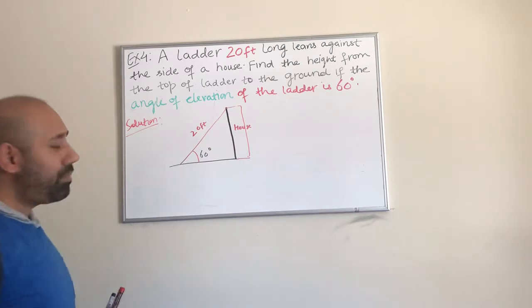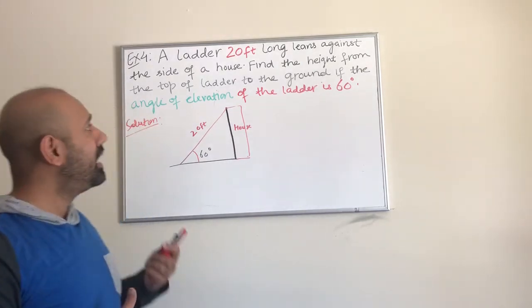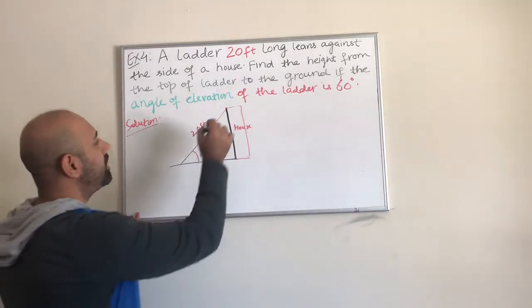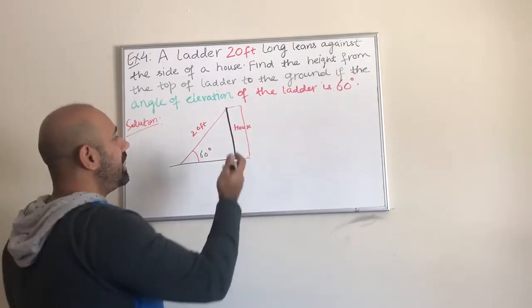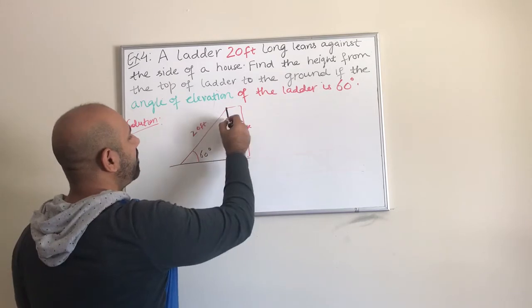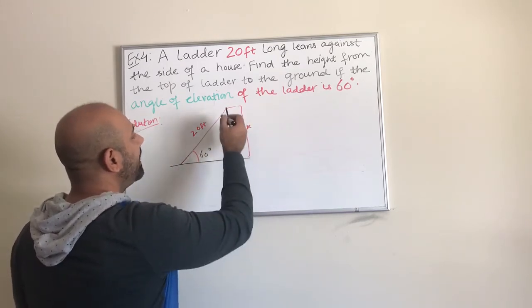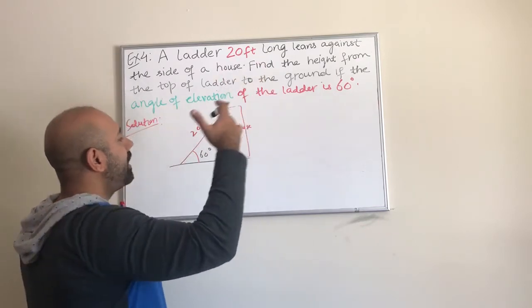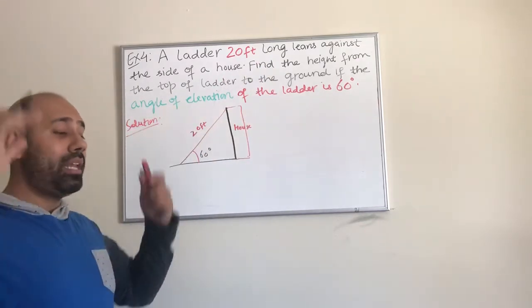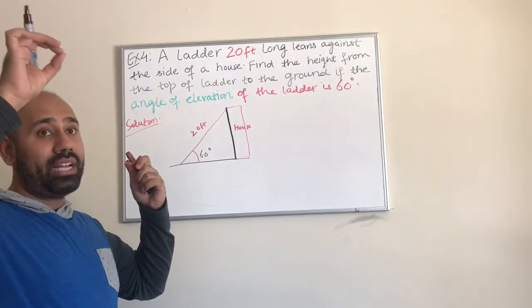Based on this setup, we have to find the height from the top of the ladder. Let us assume this is also the top of the house. If you feel like drawing the ladder up to here, then you have to find that length. It is up to you how you want to draw it. I'm considering the ladder leaning against this house, touching the house at the top.